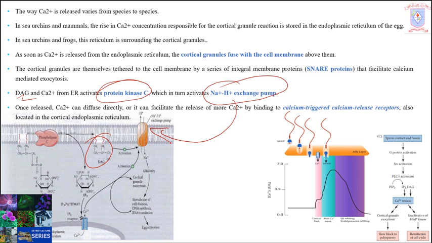So DAG activates PKC, and the PKC activates this pump. This is an antiporter. Once released, calcium can diffuse directly, or it can facilitate the release of more calcium by binding to the calcium-triggered calcium release receptors, also located on the cortical endoplasmic reticulum.